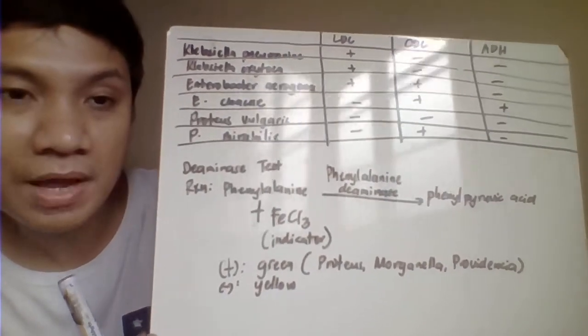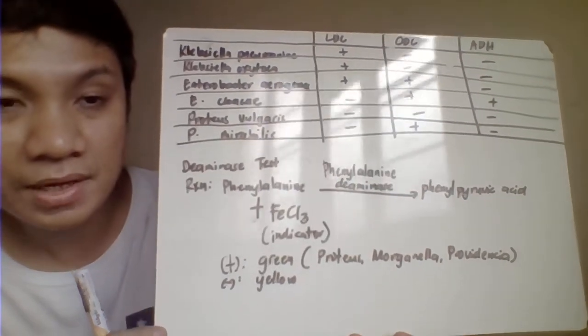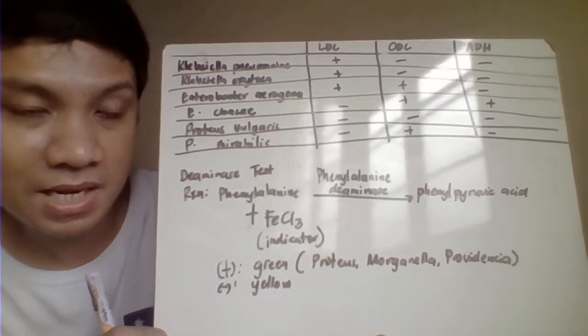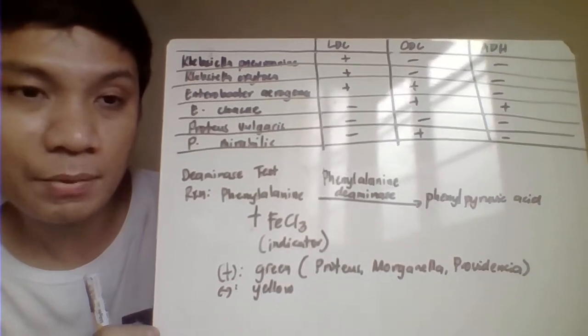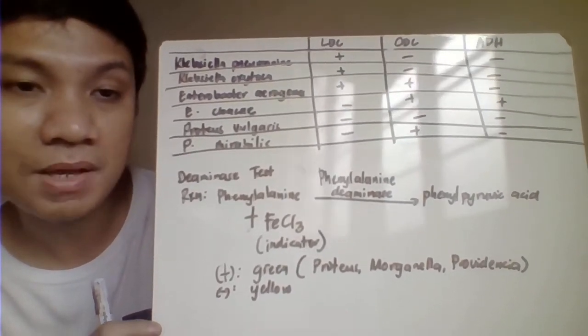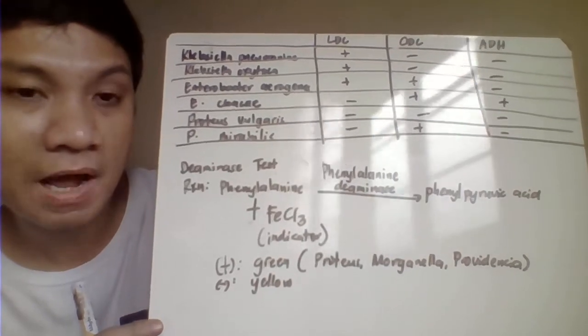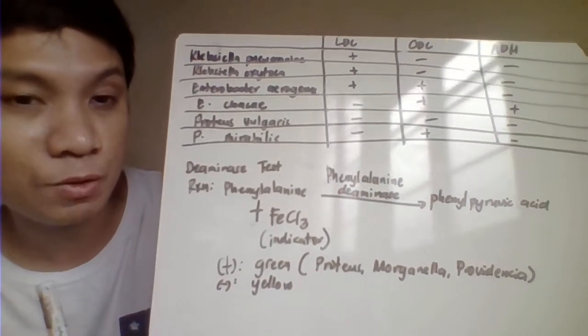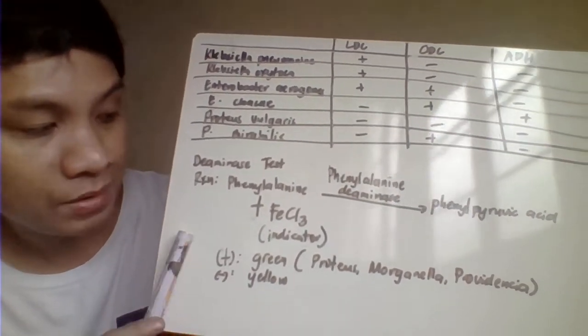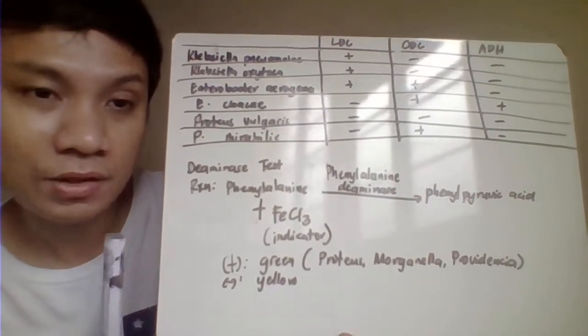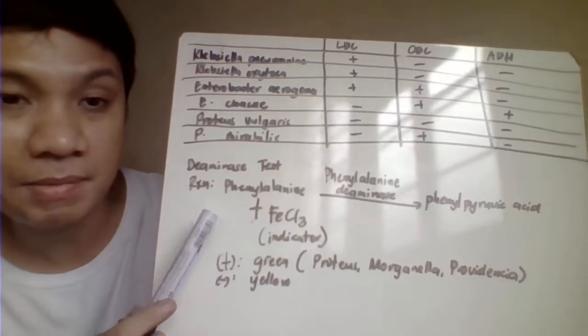Okay, the next test, we have here the deaminase test. So earlier, decarboxylase, now the deaminase. These are bacteria that catabolize amino acid by breaking down the amino group. Earlier it was the carboxyl group, that's why this is deaminase. This one tries to utilize phenylalanine as the amino acid.